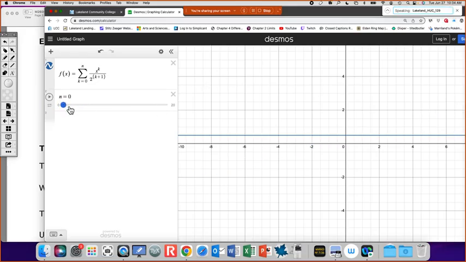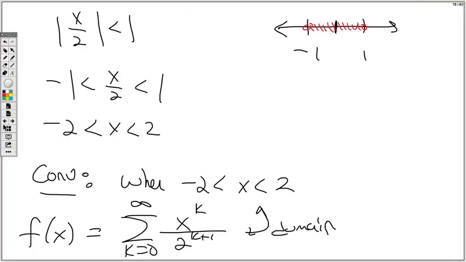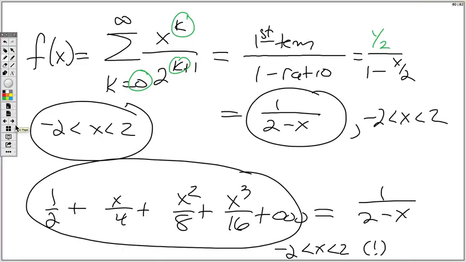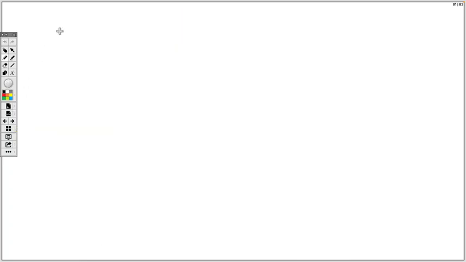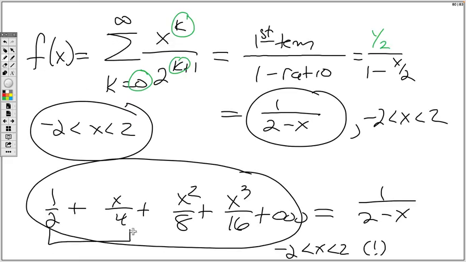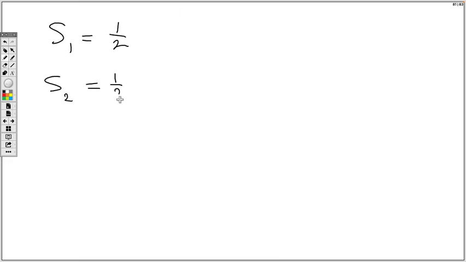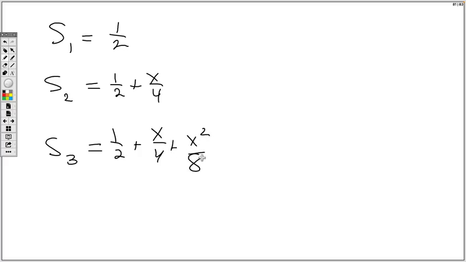So n, remember, we're graphing the partial sums of this function. s1 would be the function 1/2. s2 would be 1/2 plus x over 4. s3 would be 1/2 plus x over 4 plus x squared over 8. You with me or not, folks?